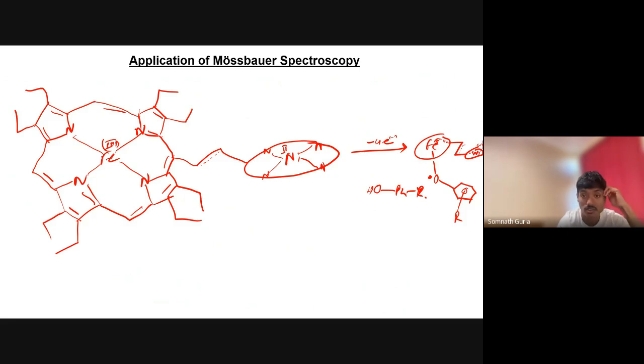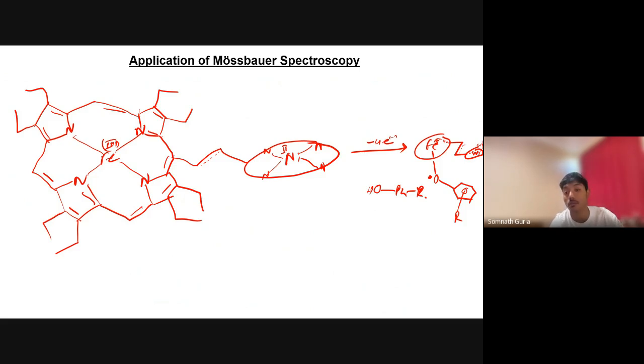So that means we have iron 3 in both cases. In one case the iron center is surrounded with a highly electron deficient ligand center. That means we don't have that much electron density on the iron 3. If there is less electron density in the d orbital, there are fewer chances of electron shielding of the 3s orbital.